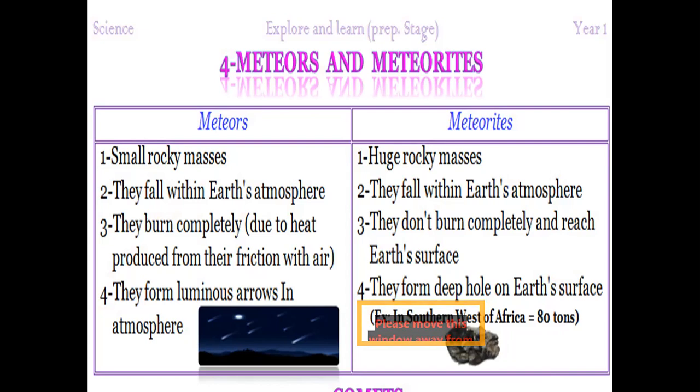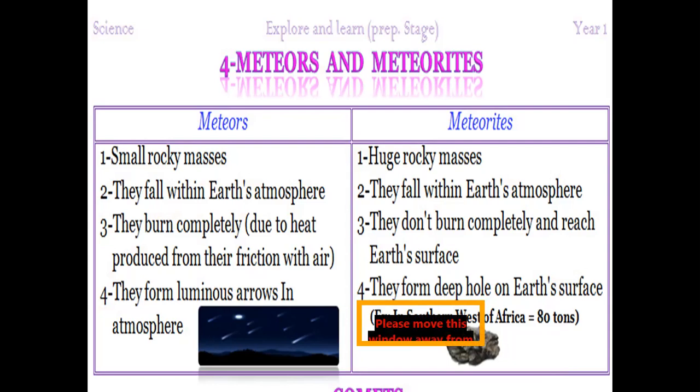When a meteorite fell on the earth in southern Africa, its weight reached 80 tons. 80 tons falling down on the earth's surface.